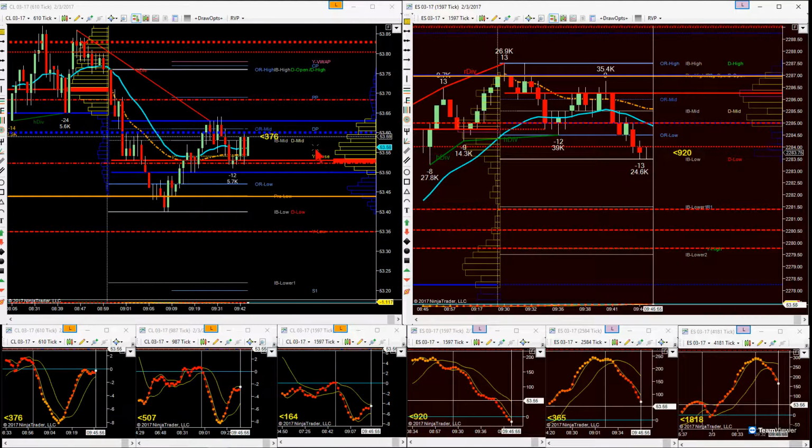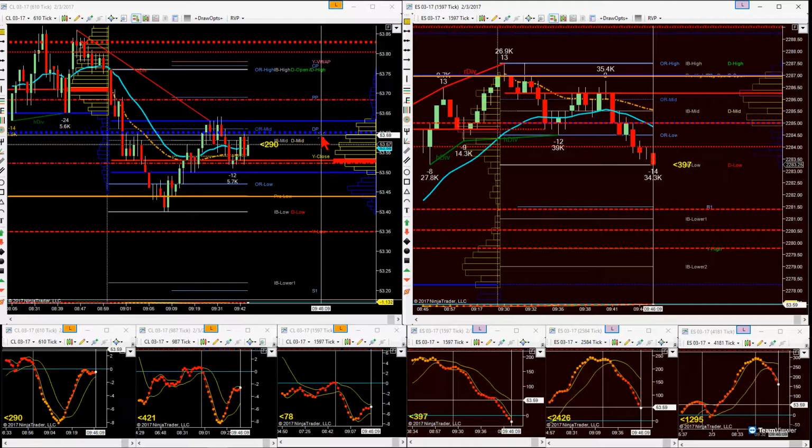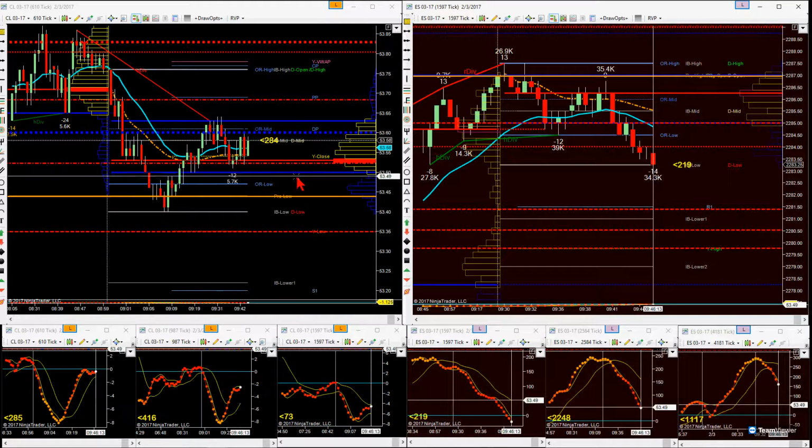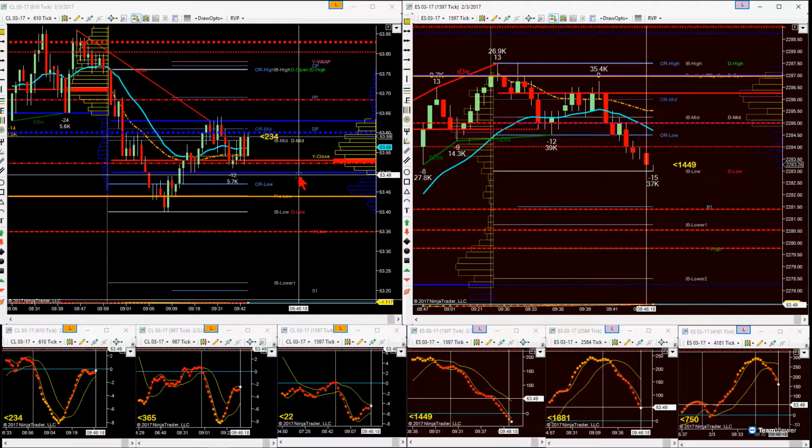So here's oil again, coming right back up to this 58, 59, 60 area. Certainly don't want to get caught over trading. I don't want to start just throwing.